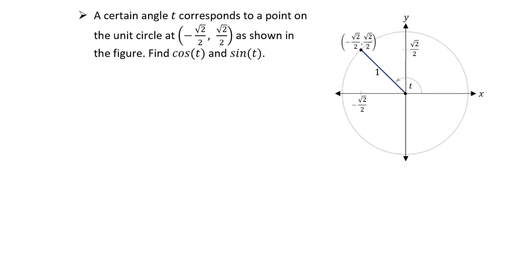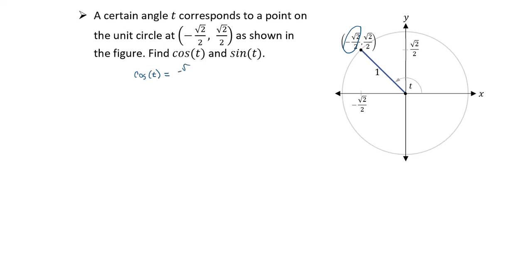A certain angle t corresponds to a point on the unit circle at negative square root 2 over 2, square root 2 over 2, as shown in the figure. Find cosine of t and sine of t. We know that the cosine of t is equal to the x part of that point.